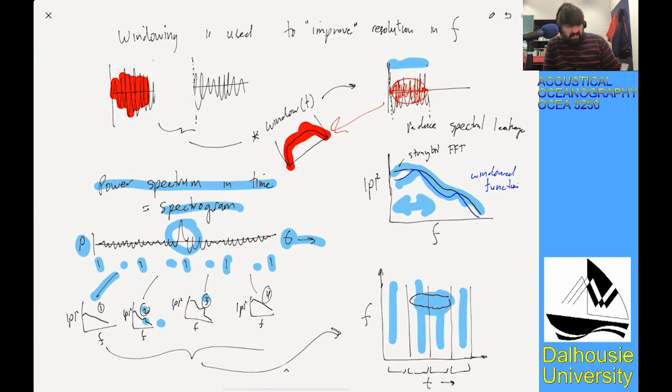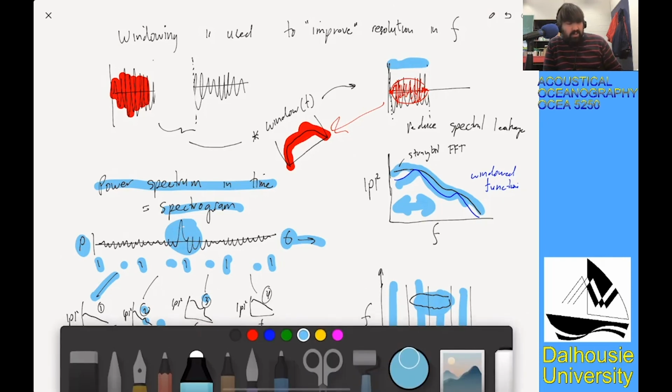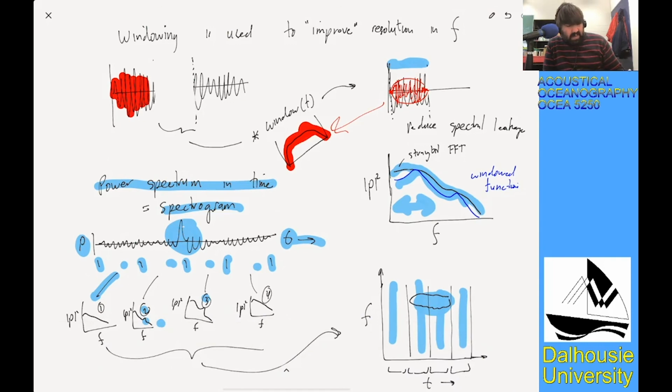And so we can also play some games to improve how these spectrograms look, right? For instance, you can choose your chunks as overlapping chunks. This could be chunk 1, and this could be chunk 2, and chunk 3, and on.